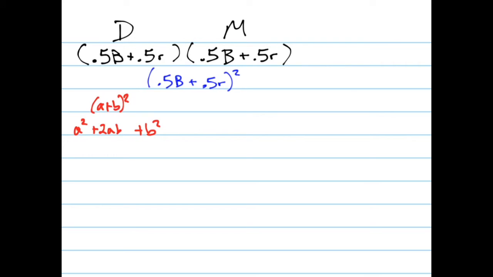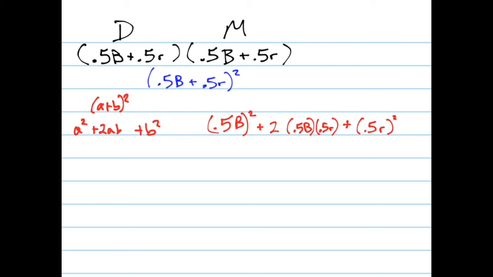So in this case, at the beginning, I have (0.5b) squared. And at the end, I have (0.5r) squared. What's in the middle? You don't need to multiply it out. Just tell me what parts I put in there. The 0.5b times the 0.5r. Okay, you're missing one thing. The squared? Nope. 2. 2 times those.